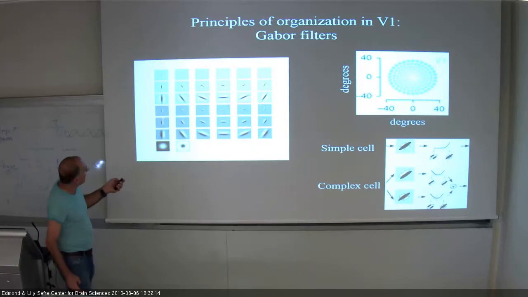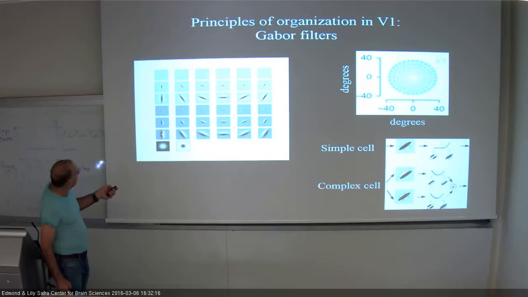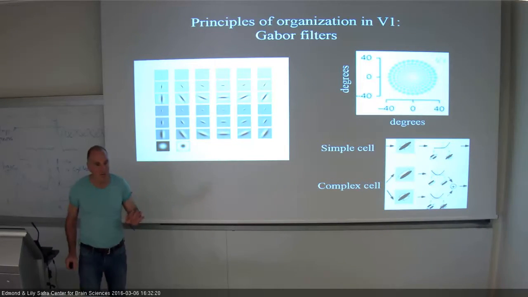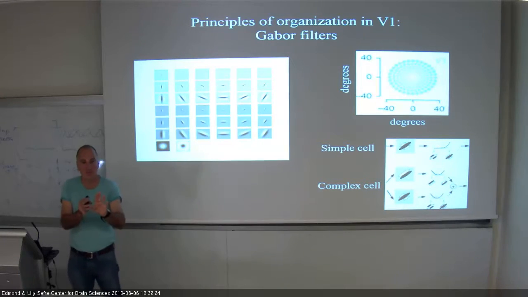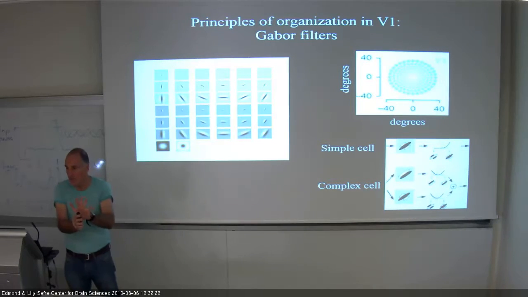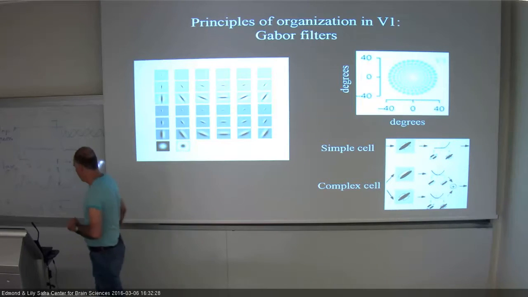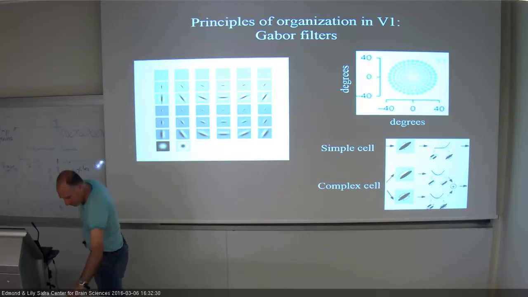By the way, if you look at this and this, these are called quadrature pairs, meaning that they're the same frequency, just shifted in phase by 90 degrees. What do we mean by that?